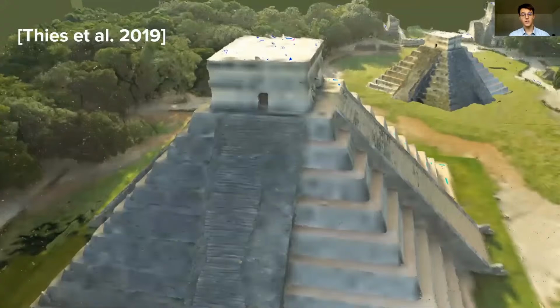And this is what we get using the neural rendering approach by Thies and colleagues in 2019 after around 12 hours of training. As you can see, this is pretty close to simply copying and pasting the object in the scene, since there are no cast shadows on the ground, and the self-shadowing is also wrong because we rotated the object, so it is not lit from the same direction as it was originally.